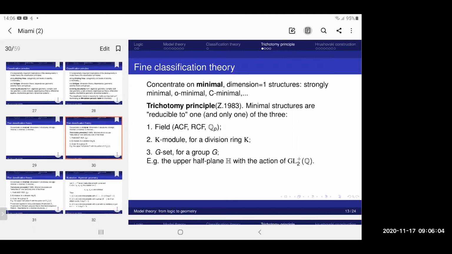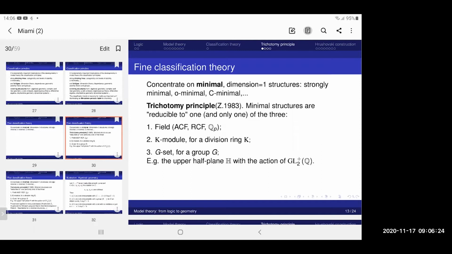A counterexample was found by Hrushovski to this as a general principle, but it turned out that in many cases it usefully proved to be correct. So what is this trichotomy principle?